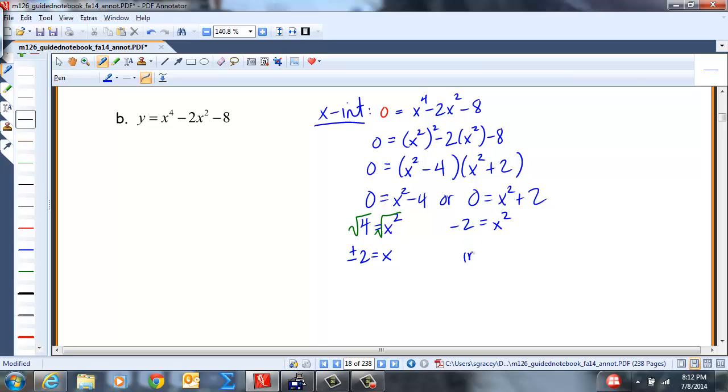Do you see this is going to be imaginary? I only want my real results so that I have my intercepts. The imaginary doesn't help us. It means it's going to be floating, in this case, above the axis. So my x-intercepts are going to be at negative 2, 0, and 2, 0.